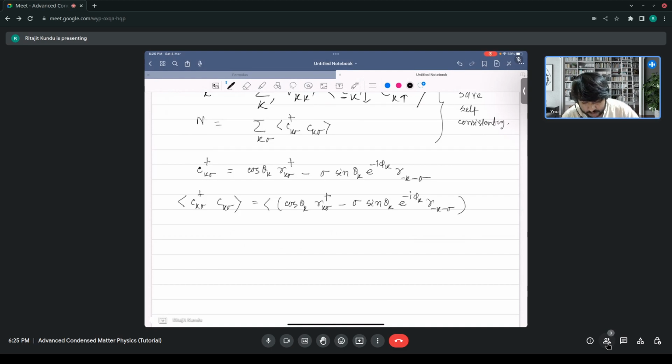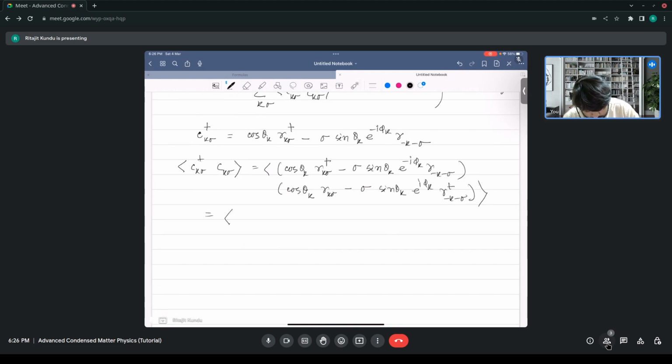This is for the first term, and for the second term we'll substitute cosine of theta k gamma k sigma minus sigma sine theta k e to the power i phi k gamma minus k minus sigma dagger. So this is the whole expression, and we can now simplify it.